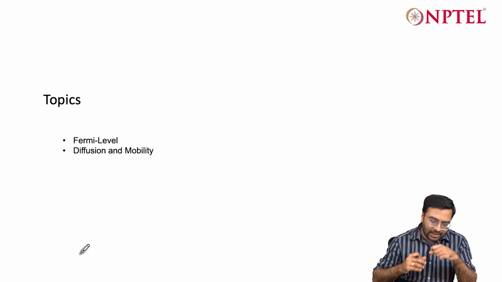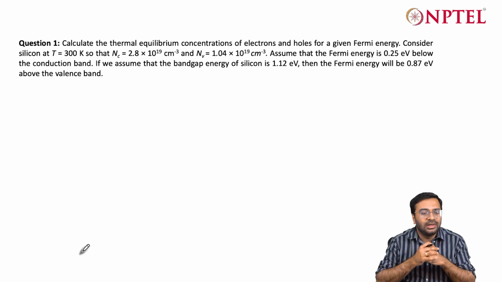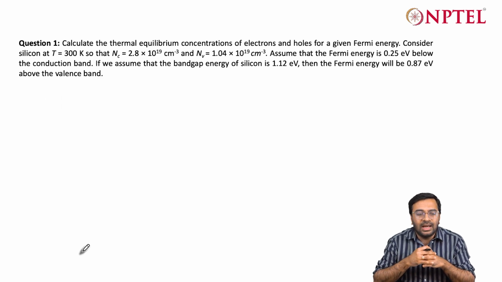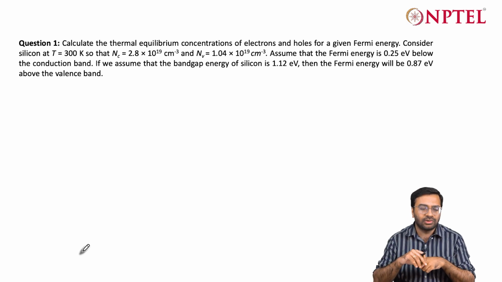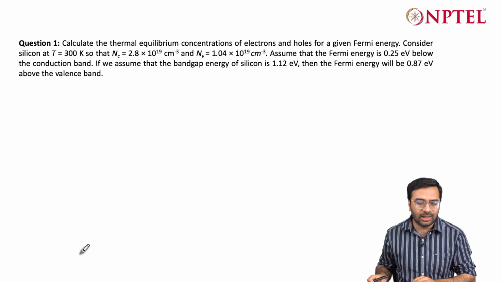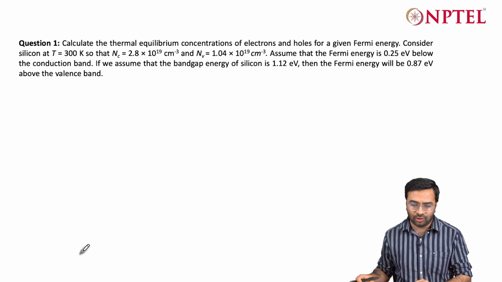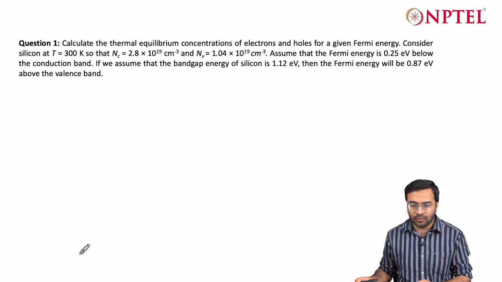So, today again we will start with different questions and we will see how to approach that particular problem to solve it. The first question is, calculate the thermal equilibrium concentration of electrons and holes for a given Fermi energy.